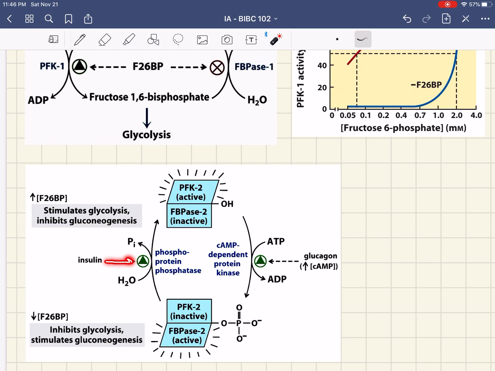Insulin activates an enzyme, a phosphatase, that takes water and hydrolyzes this phosphate off, and now this enzyme is unphosphorylated. And as we said earlier, the unphosphorylated version favors the active form of phosphofructokinase 2. Okay? And what does phosphofructokinase 2 do?